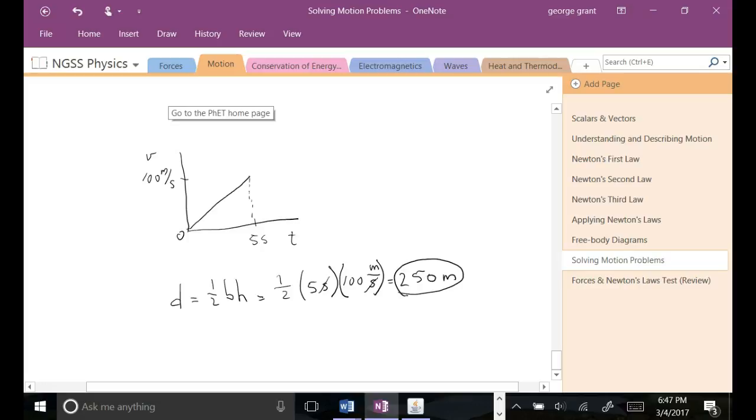Now the acceleration. Well, the acceleration is the rate of change in the velocity. A rate of change has a name in math class, and it's called the slope. So the acceleration is equal to the change in the velocity, so v final minus v initial over the elapsed time.